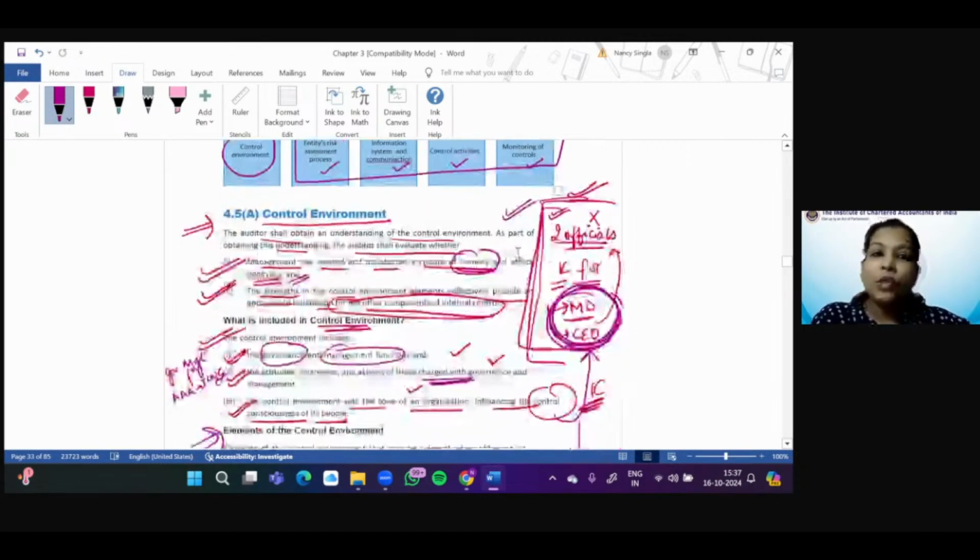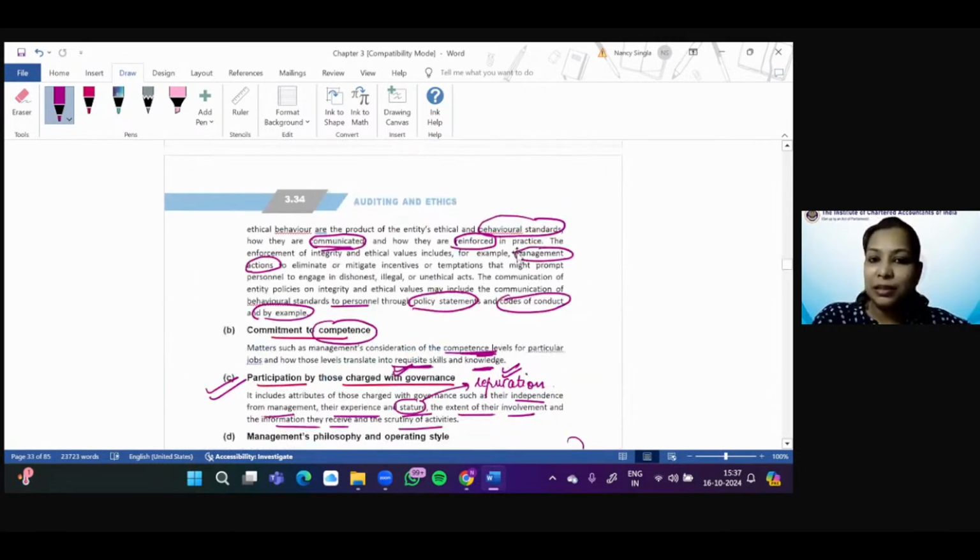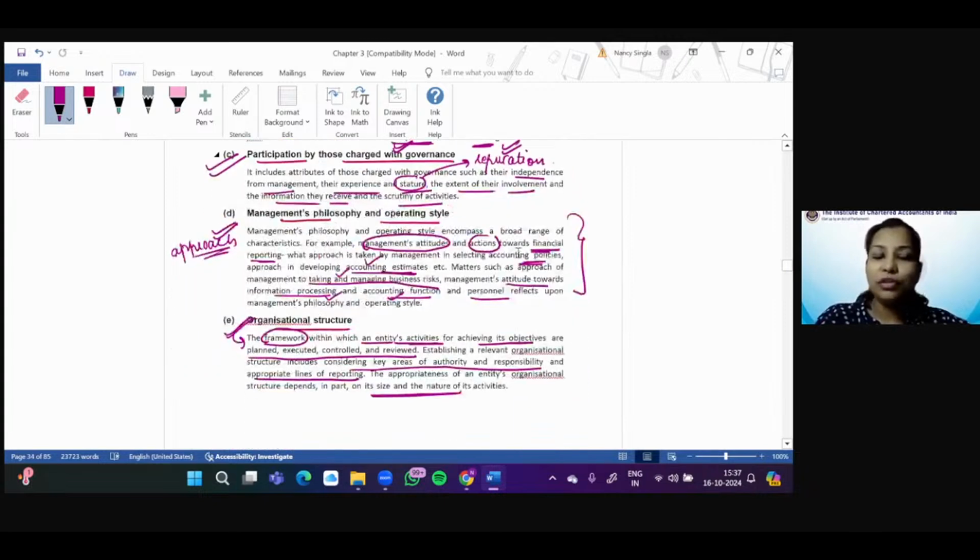It may appear a little technical to all of you, but as I always say, if you have understood the conceptual knowledge, then learning after understanding and writing after that is going to be a cakewalk for all of you.